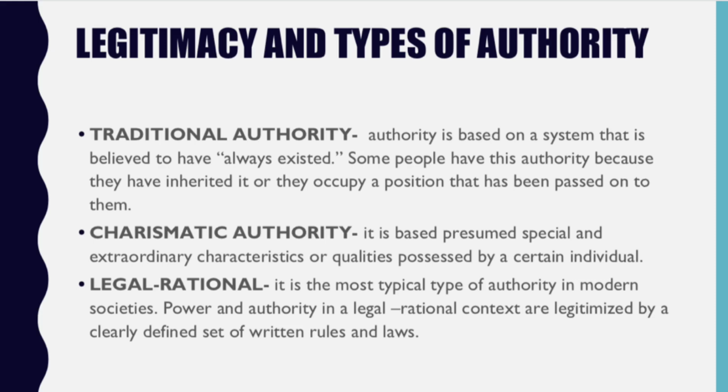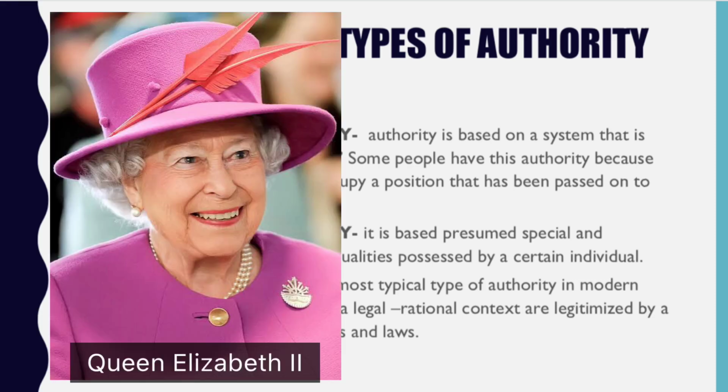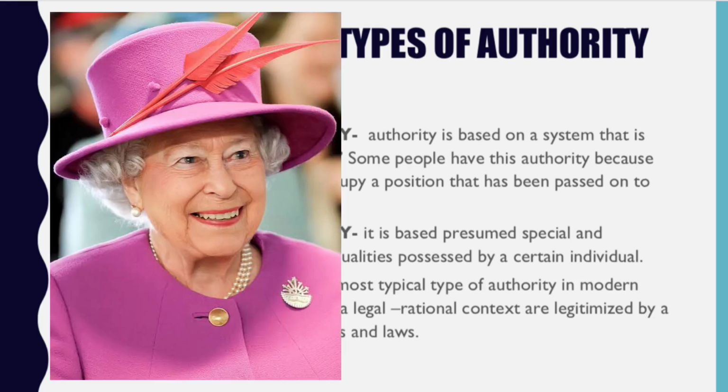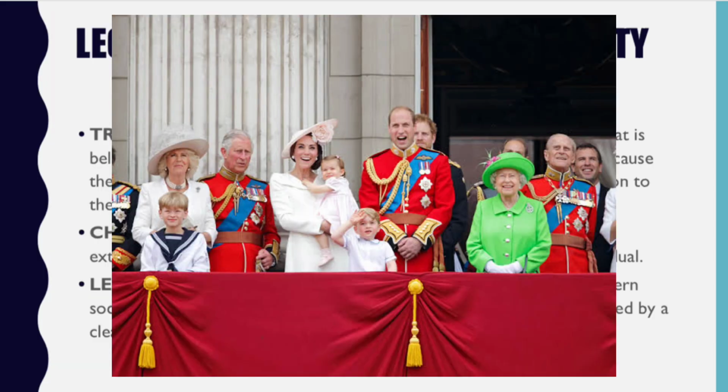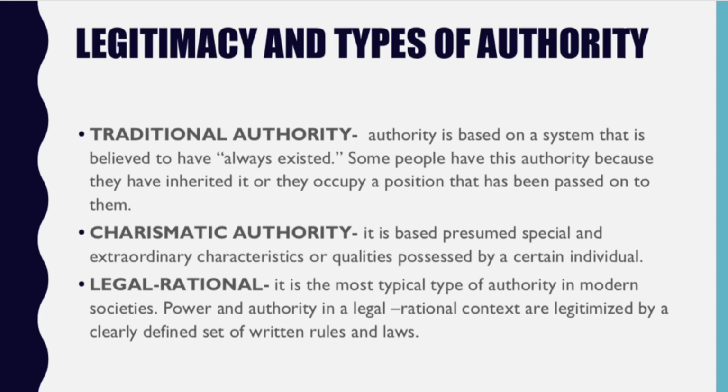And also, of course, a popular example for this are the monarchs or under monarchy. Meaning to say, under monarchy, namamana nila yung power and authority. So, queens, princes and princesses, something like that. So, they inherit the power and authority. Pinapasa-pasa na lang siya. Next, we have the charismatic authority.